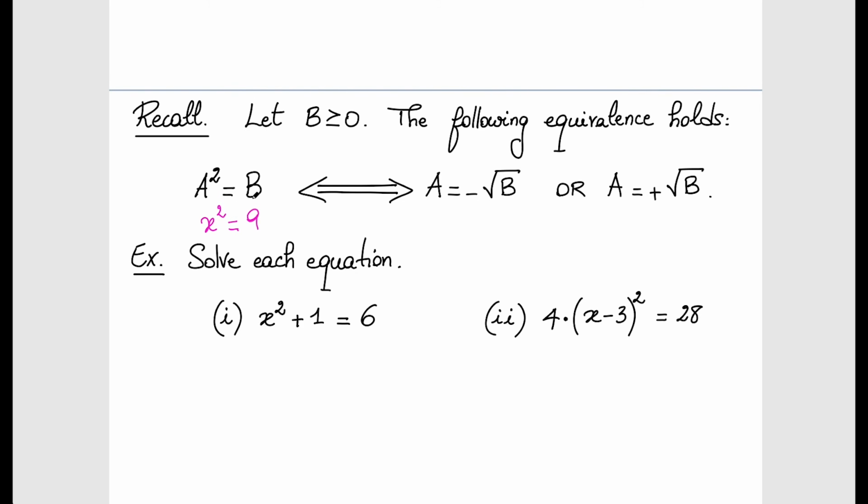A is x, b is 9. According to this, x is minus square root of 9, or x is plus square root of 9. Okay, one more time.